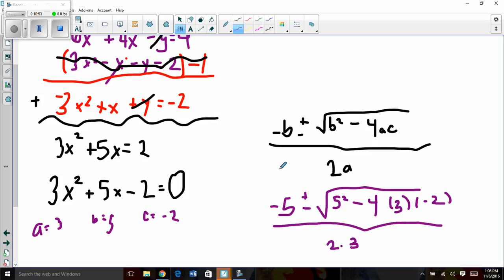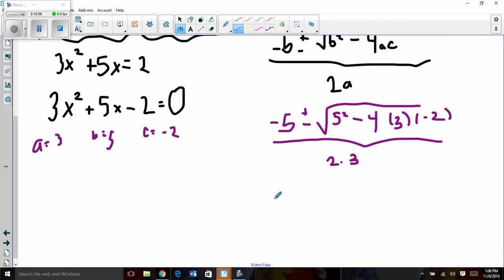So let's simplify this here. Algebra is all about being patient and going step by step. You're not going to get the answer immediately. Under here we have a 25, because 5 squared is 25, and then 3 times negative 2 is negative 6, times 4 is 24, I believe, all over 6.